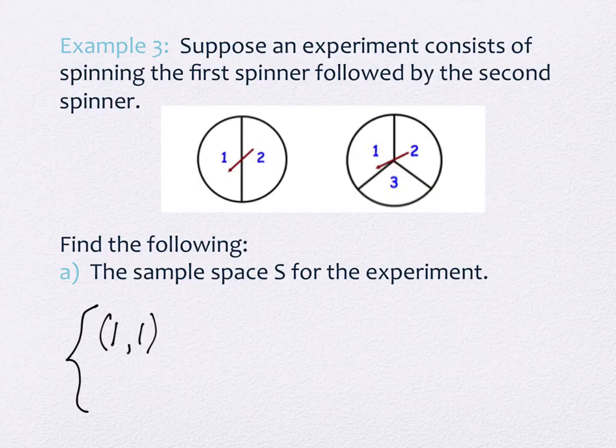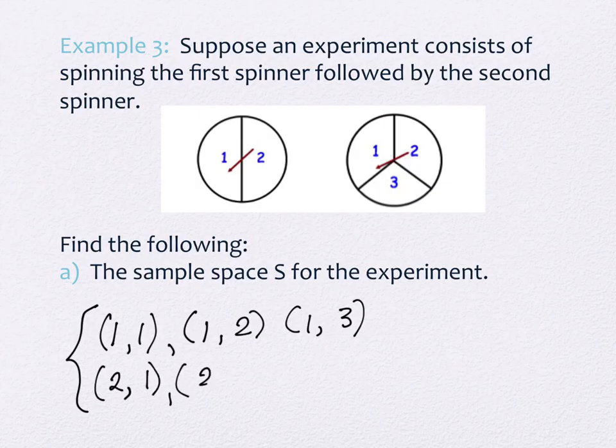So I could get a 1 and a 1, or I could spin a 1 on the first spinner and a 2, or a 1 on spinner 1 and a 3. Or I could spin a 2 on spinner 1 and a 1, a 2 on spinner 1 and a 2 on spinner 2, or a 2 and a 3. So there are 6 outcomes possible from my spins.